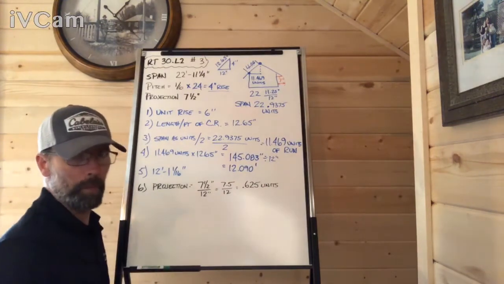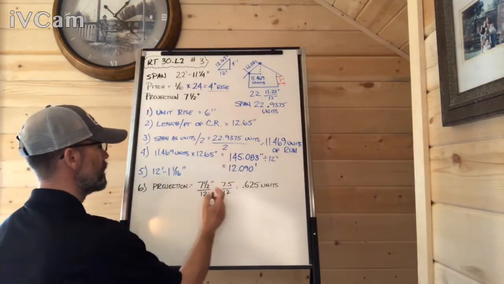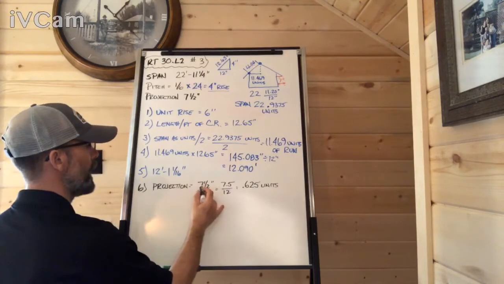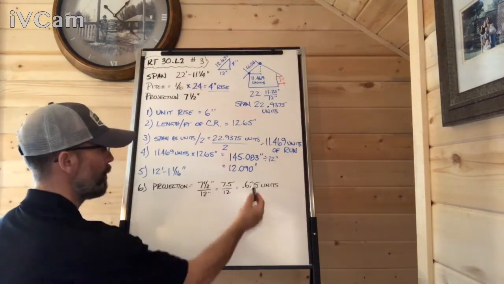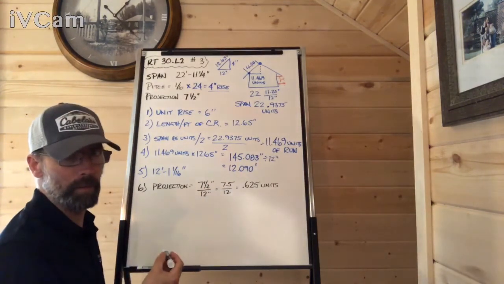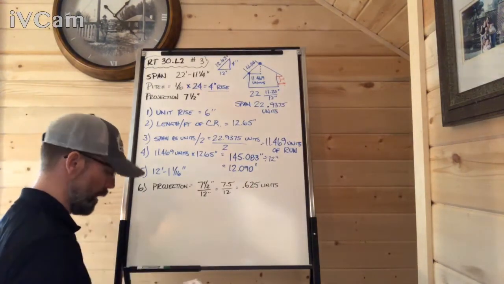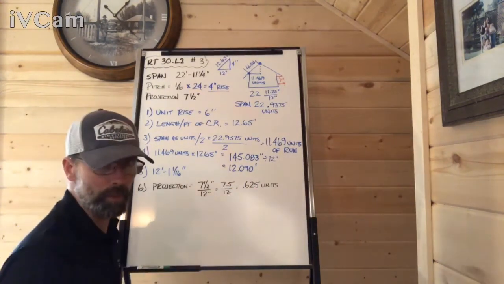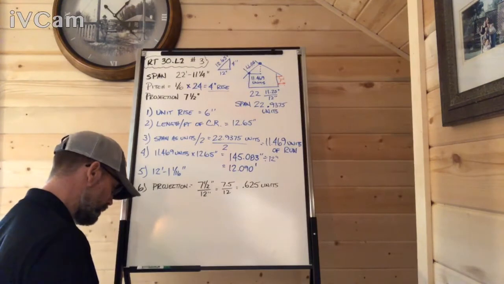So it's not a full unit. It's just more than half. 6 inches would be 0.5 of a unit. We're over 6, we're less than 12, we're 0.625. We're about 63% of a unit if you want to think of it that way.